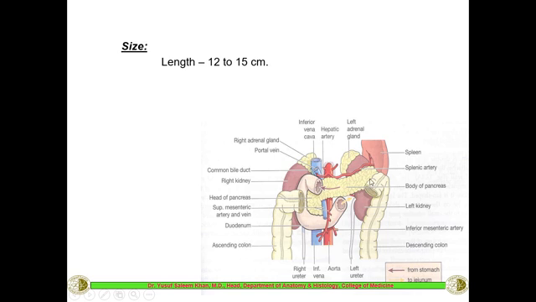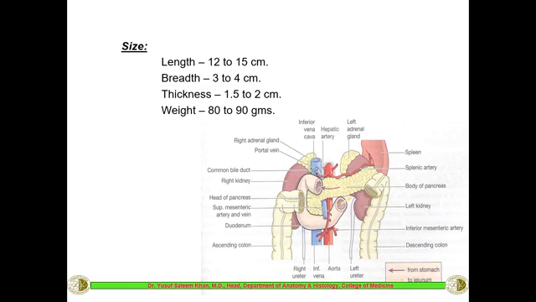The breadth is almost one third of it, about 3 to 4 centimeters, and the thickness is almost 1.5 to 2 centimeters. So the length is 12 to 15 centimeters, breadth is 3 to 4 centimeters, and thickness is 1.5 to 2 centimeters. Coming to the weight, it is approximately around 100 grams.